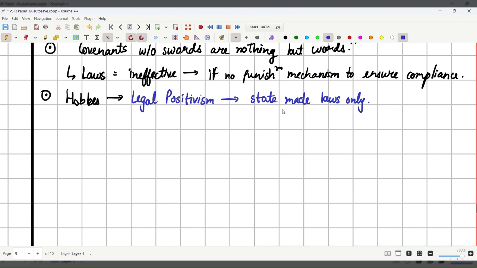Once the social contract is signed, the sovereign codifies these rules into positive law, which is mandatory and enforceable for all subjects.